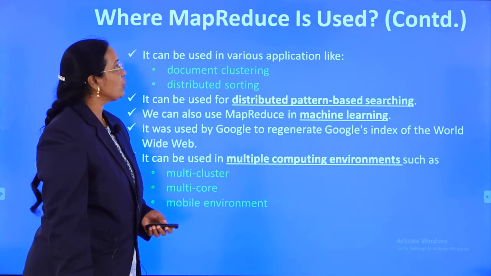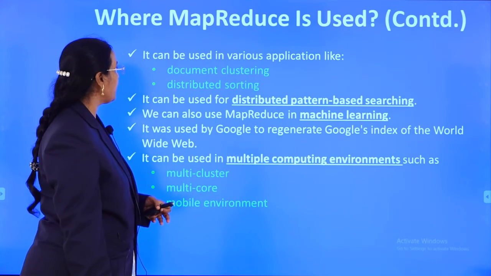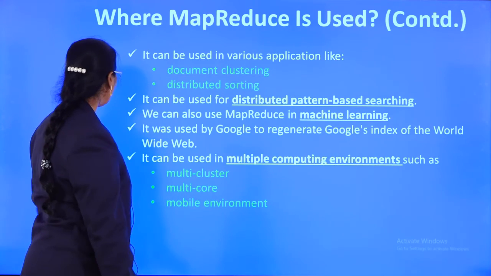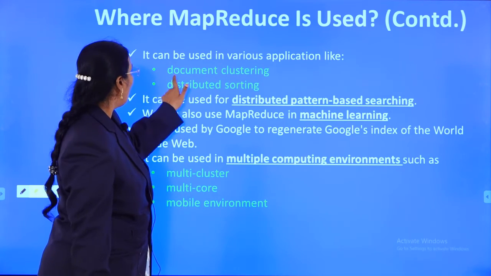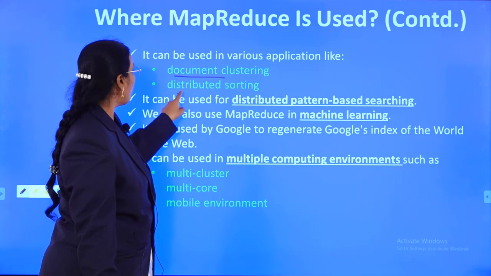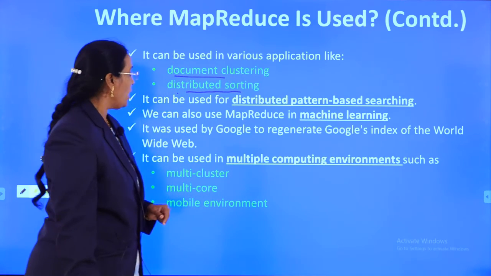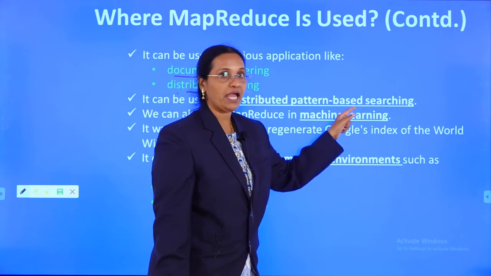There are a few more uses of MapReduce. I can apply MapReduce for document clustering. Whenever I have clustering work, I can make use of MapReduce. Whenever I want to do distributed sorting, I can make use of MapReduce. I can use MapReduce for pattern based searching mechanisms also.